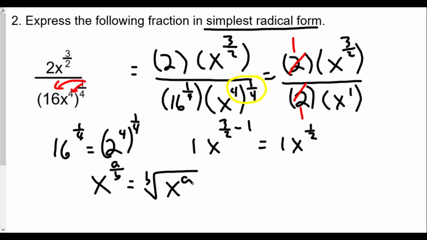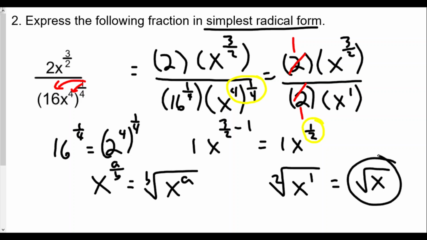So 1 is just 1, but the 1/2 power means we're going to have a radical here. The index is 2, and the exponent for the radicand x is 1, so our answer is going to be the square root of x. That's what this expression simplifies to in simplest radical form.